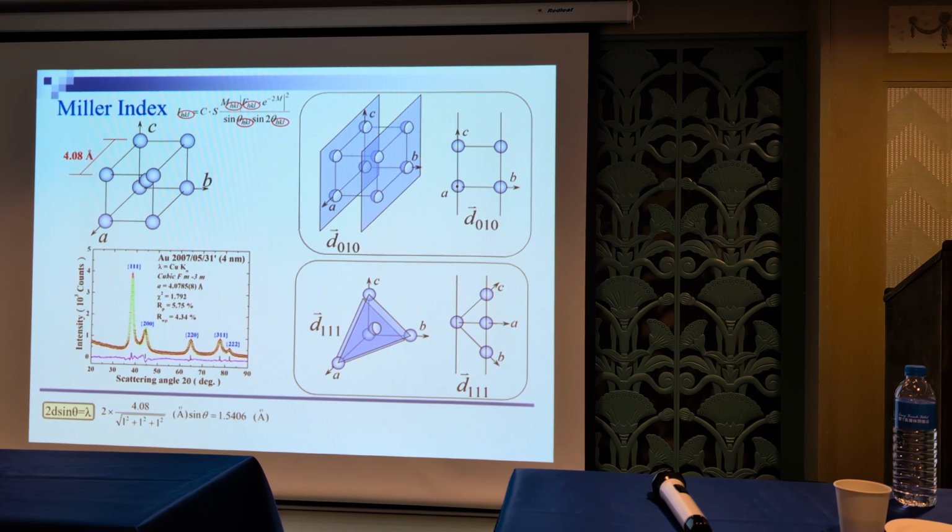If you also know the lattice constant and the X-ray wavelength, you can calculate sin theta from those parameters. So this is an example. We got the 111 peak from gold, and the estimated theta is 19.1, so 2 theta will go to 38.2. This is a very basic example.